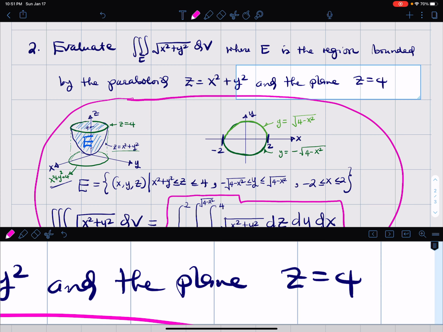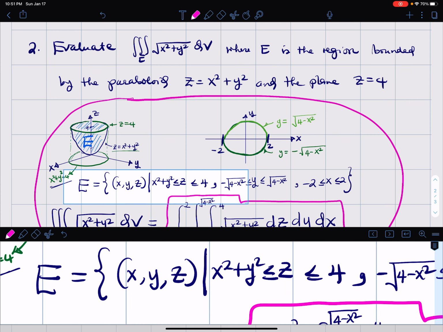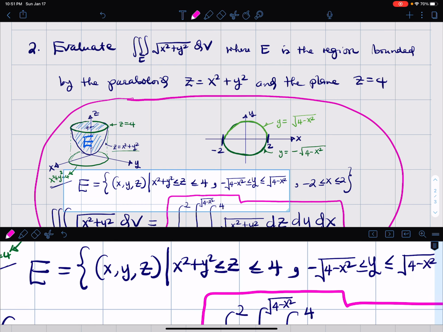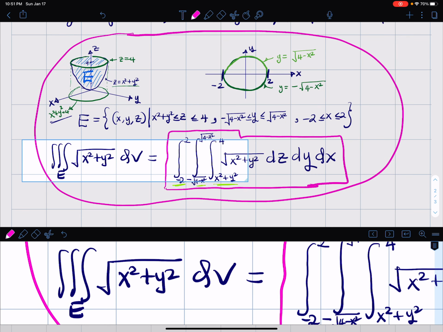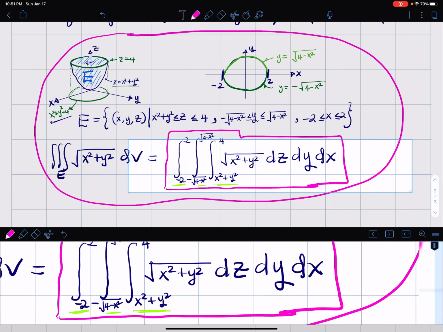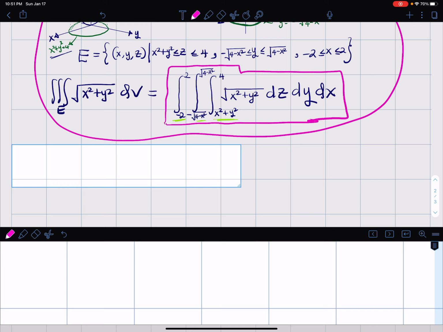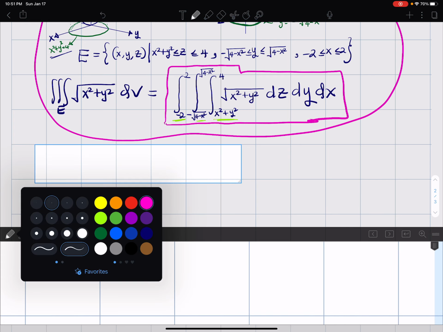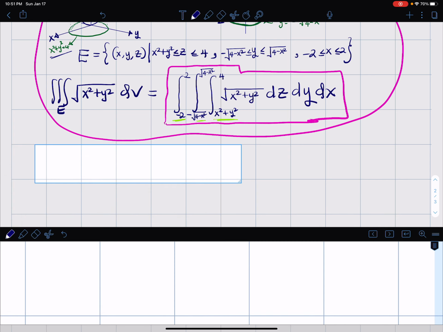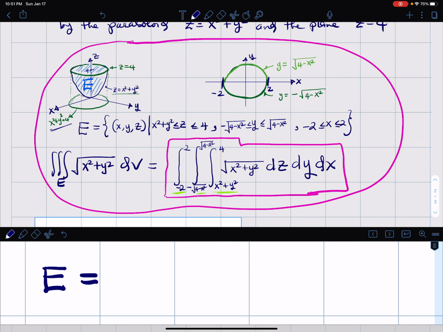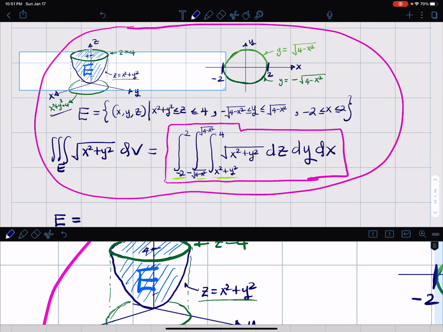We described our E in Cartesian coordinates, and then we set up an integral. But now we can redo this. We can redescribe our E, the region E.